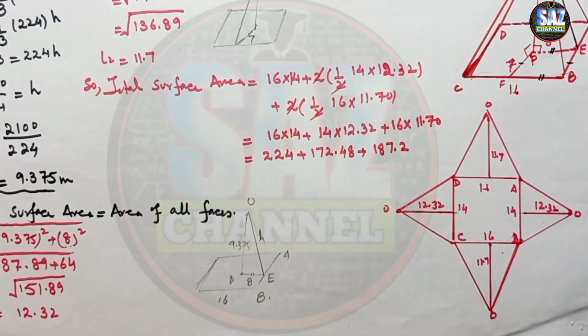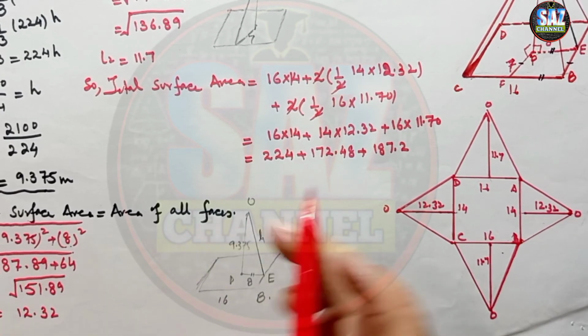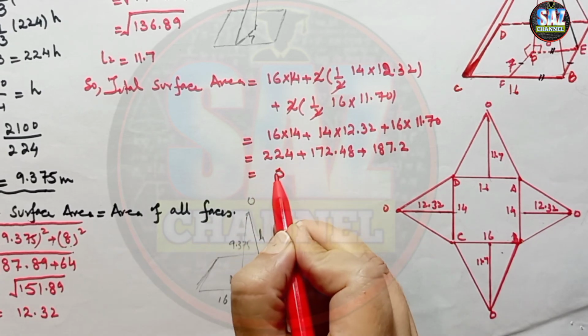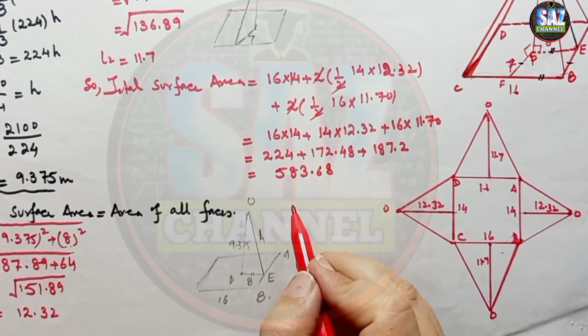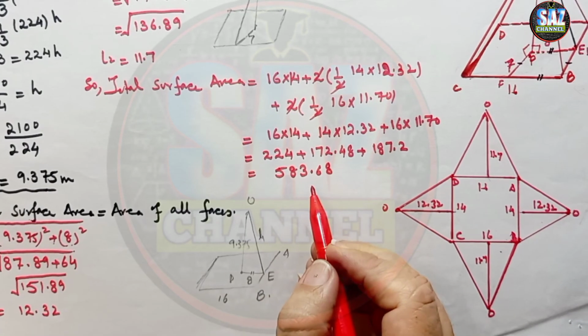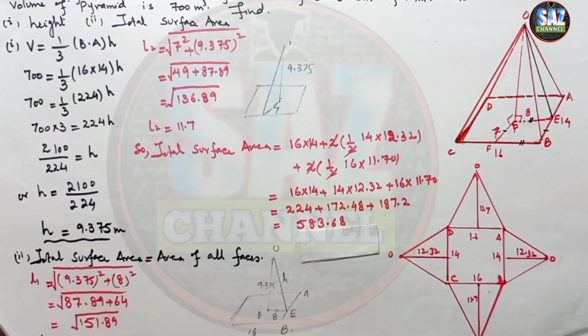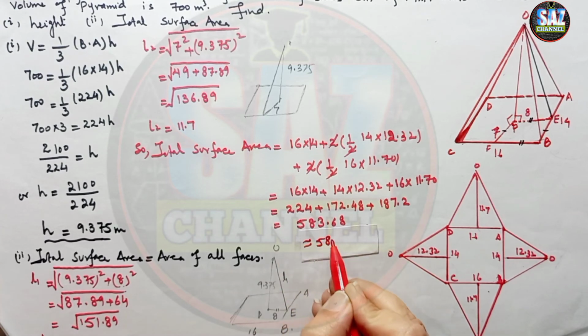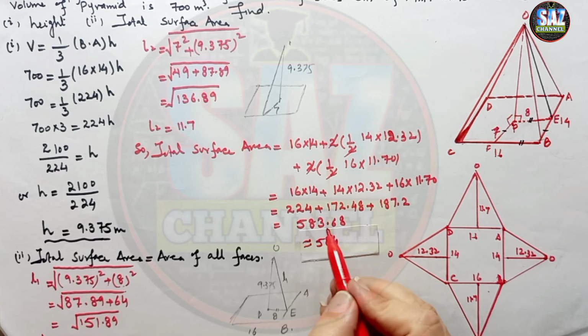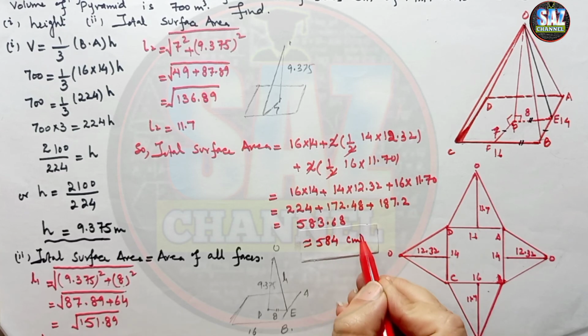Add up all the values carefully. 172.48 plus 224, and this gives me 583.68, and as I have to give my answer to 3 significant figures, it can be taken approximately as 584 centimeter square.